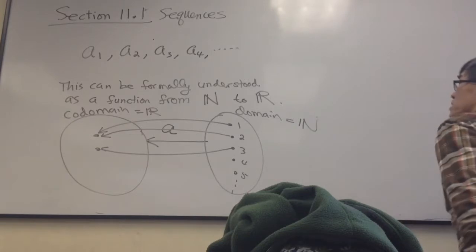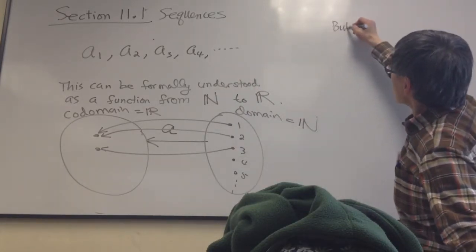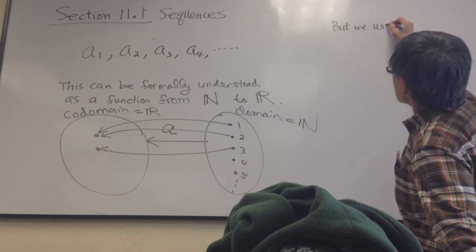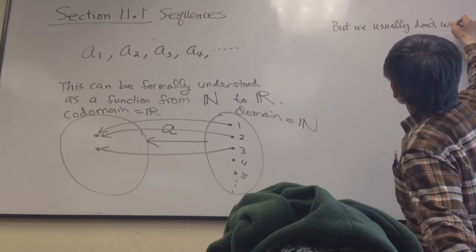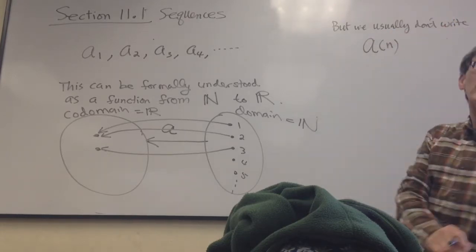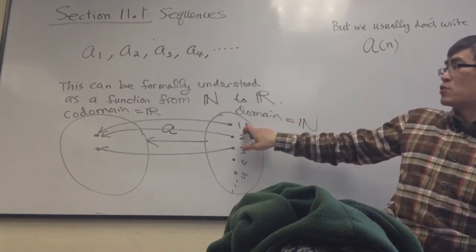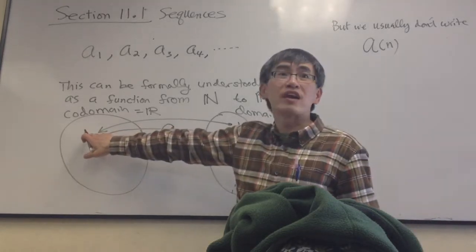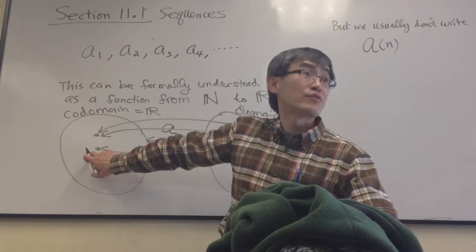But even though we can formally think of a sequence in this way, we usually don't write A of n. Supposedly you should write this if it is a function. For example, this is 1, this number will be called A of 1. This is 3, this number is called A of 3, and so on.